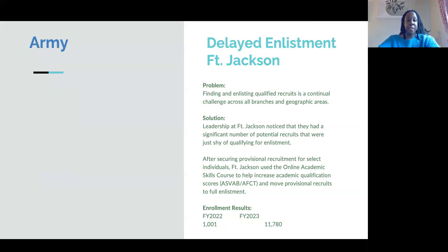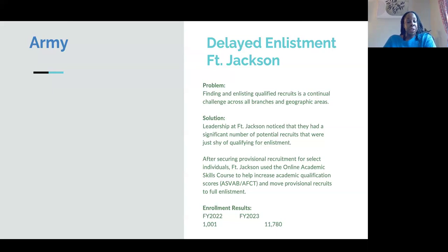At Fort Jackson, the Army recognized a problem where they do Army recruiting. Recruiting and enlisting qualified people is a continual challenge in all branches and all geographic areas. The numbers are scarily low.